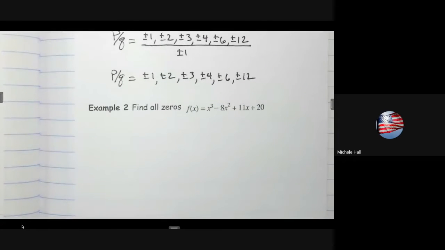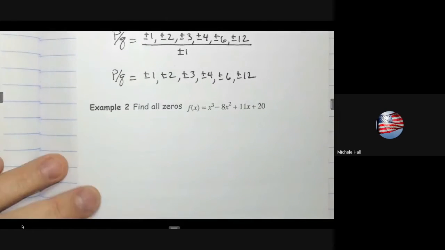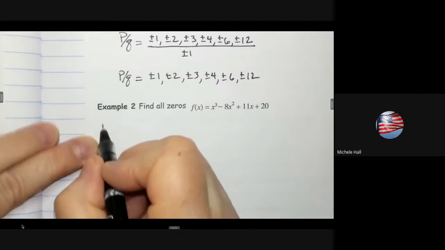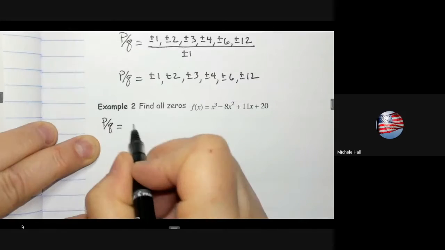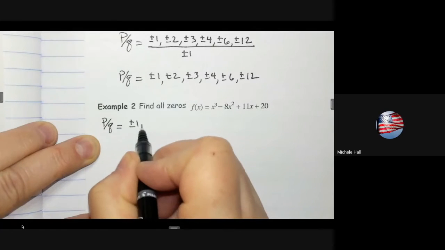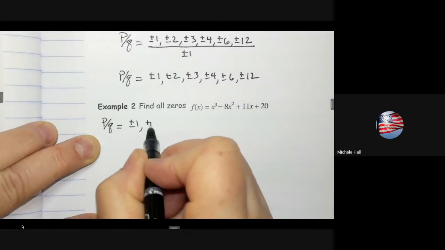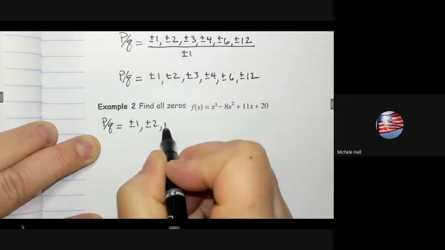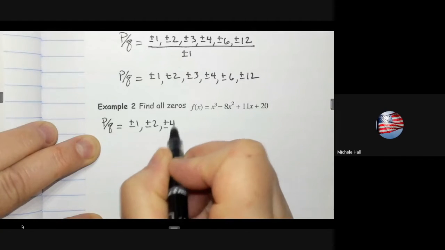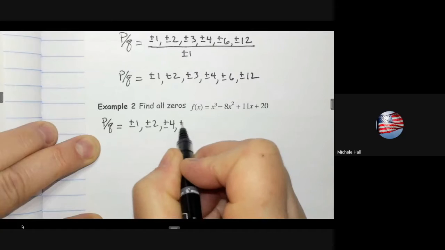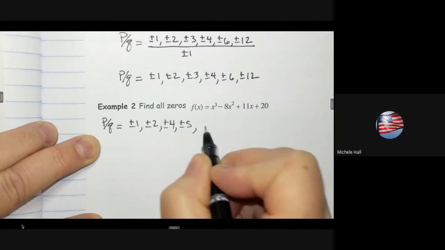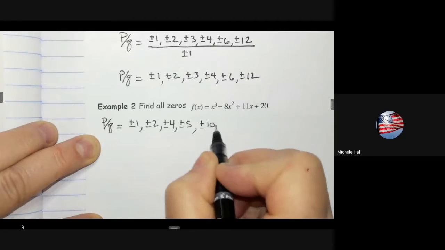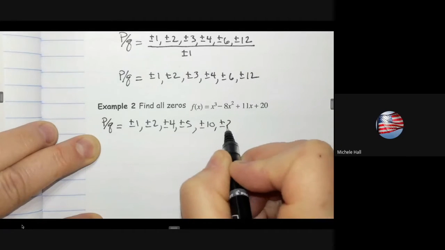Example 2, find all the zeros. All right, so we're going to do P over Q, all the factors of 20: plus or minus 1, plus or minus 2, plus or minus 4, plus or minus 5. 4 times 5 is 20, so 2 times 10 and 1 times 20.